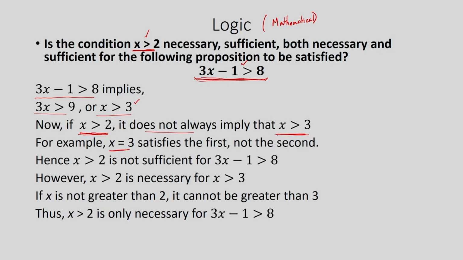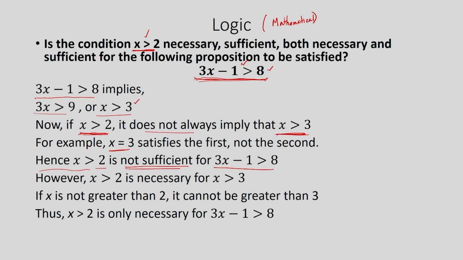So, what we can say is the following, that x is strictly greater than 2 is not sufficient, right. It is not a sufficient condition for x is greater than 3, and x greater than 3, as we know, it is equivalent to saying 3x minus 1 is greater than 8, right. So, that is the conclusion that we are getting, that the condition is not a sufficient condition for this proposition to be valid.